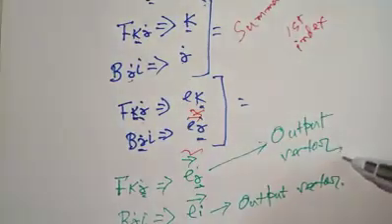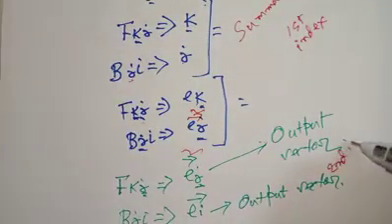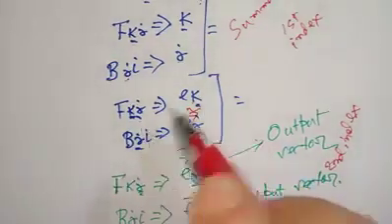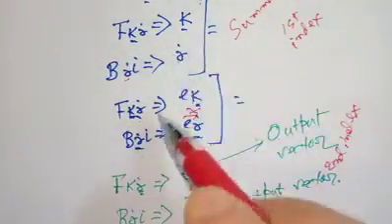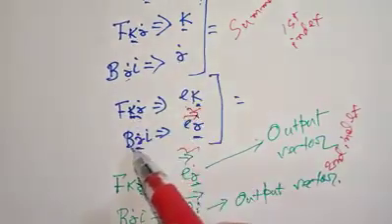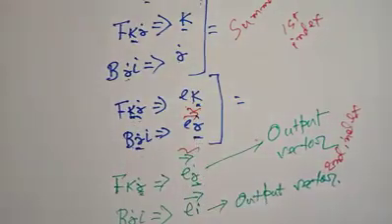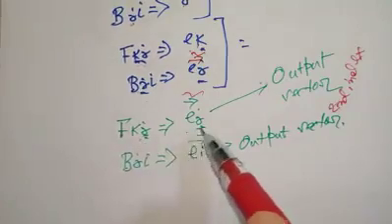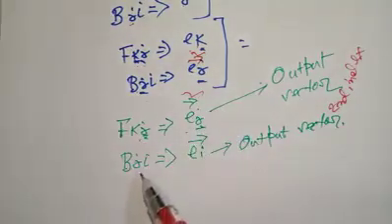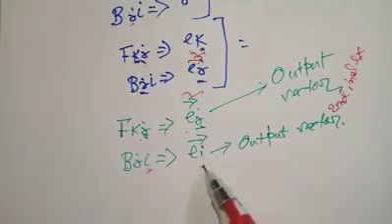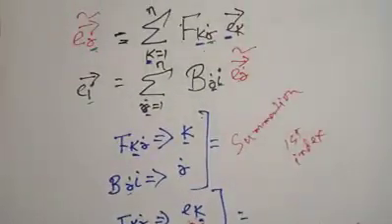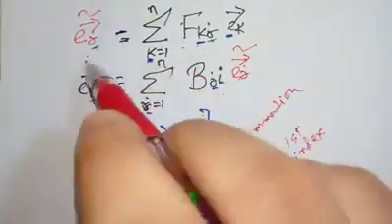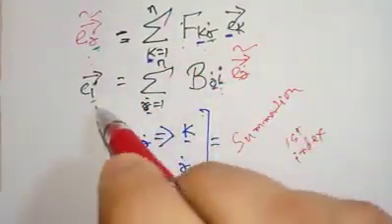So in the first index we see the summation, and in the second index we see the output vector. This part will be equal to e_j with a tilde, and this part will be equal to b_ji. This is the output vector of the forward transformation, and this is the output vector of the backward transformation.